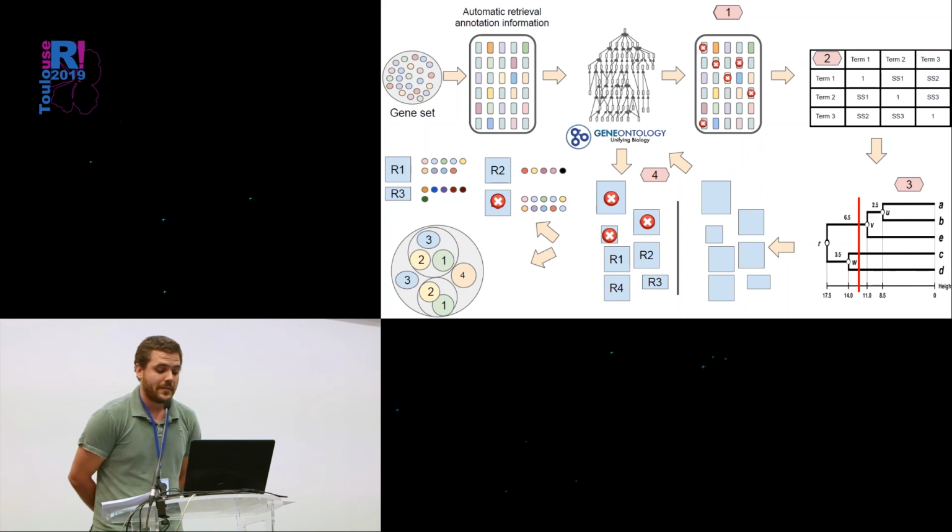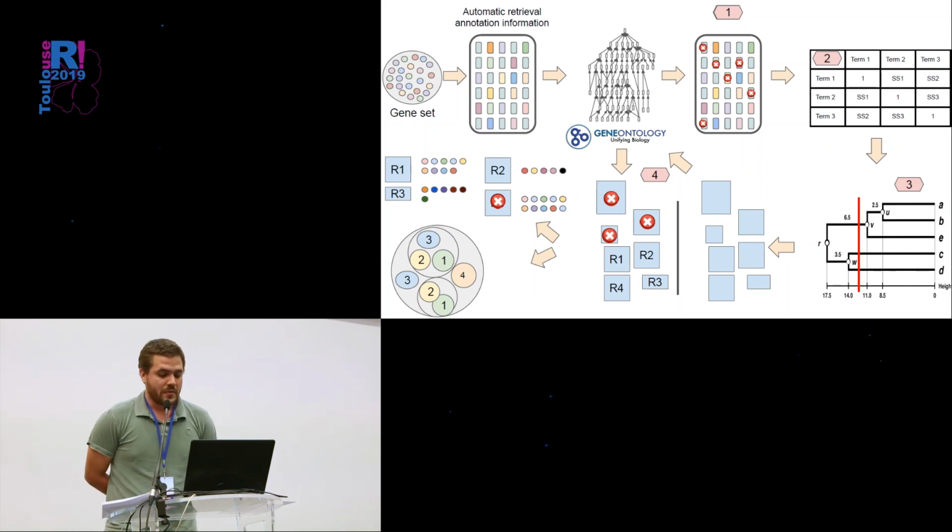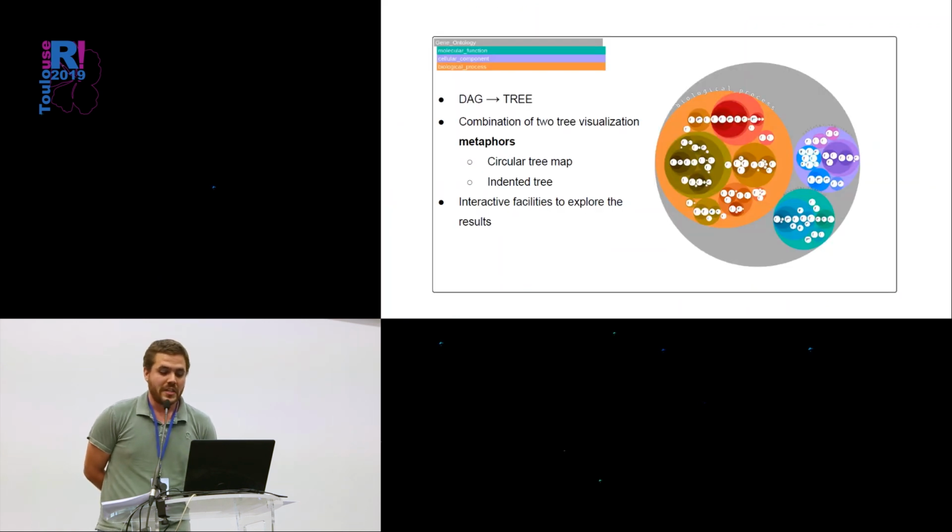At last, with the representative terms, we also propose an interactive visualization in order to make interpretation of the result easier. In this visualization, we use the representative terms in order to obtain all information with the Gene Ontology graph, but we transform this graph into a tree, keeping the most important relations between the terms.